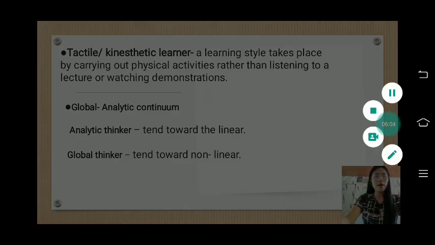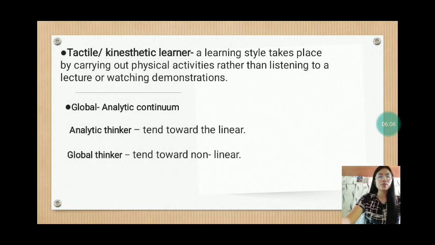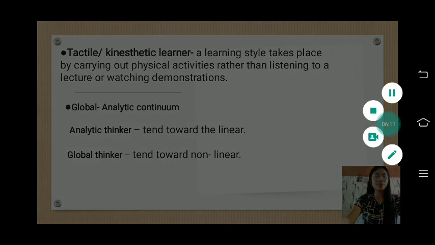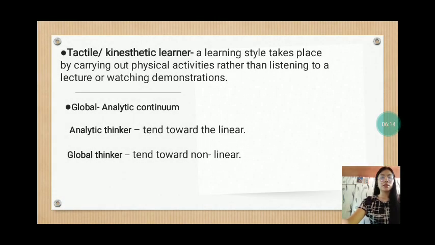Next we have the global analytic continuum. If you are an analytic thinker, you tend toward the linear, meaning you tend to see finite elements of patterns rather than the whole. But if you are a global thinker, you tend toward nonlinear thought and tend to see the whole pattern rather than particular elements.